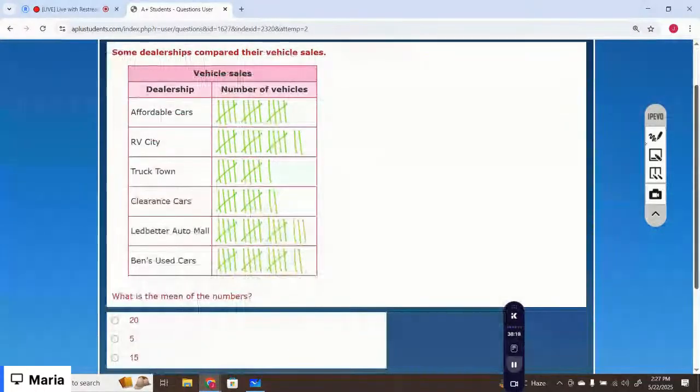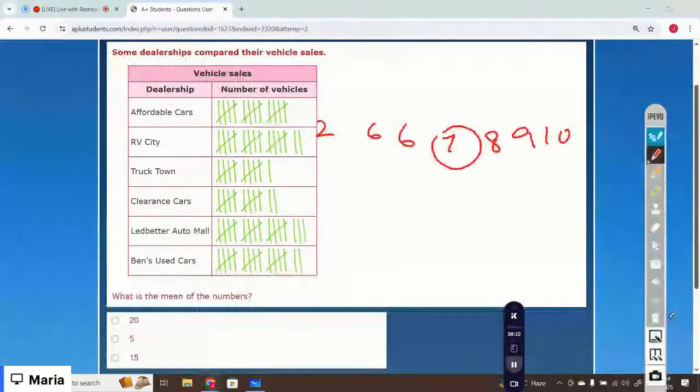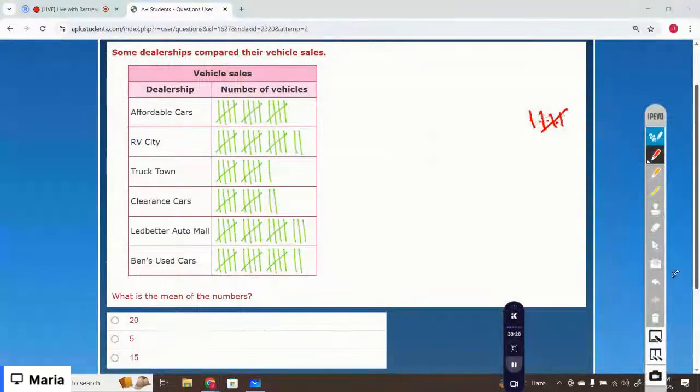That is the element, right? How do we complete this set?